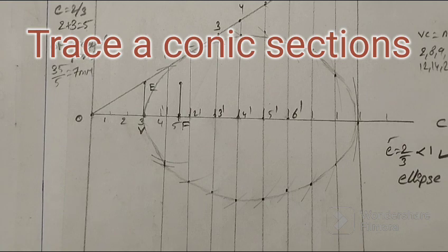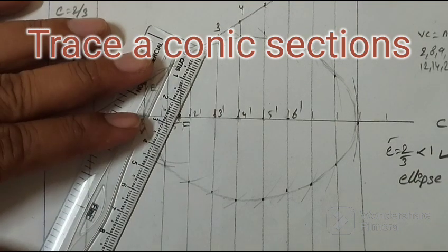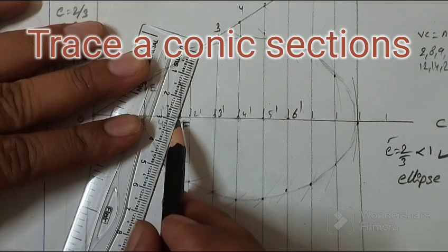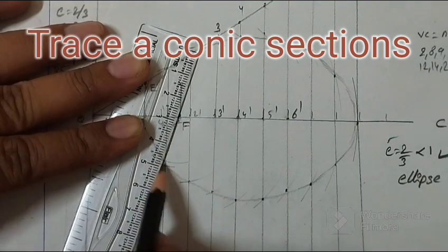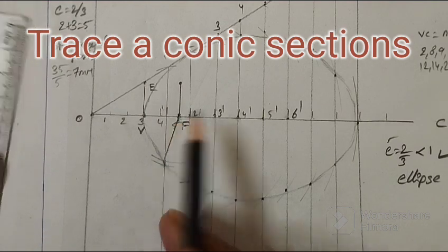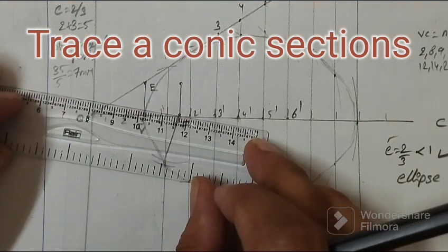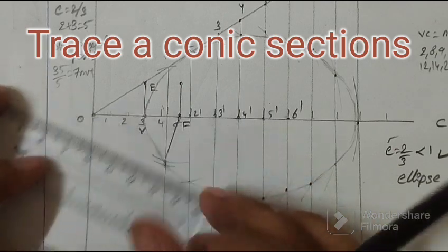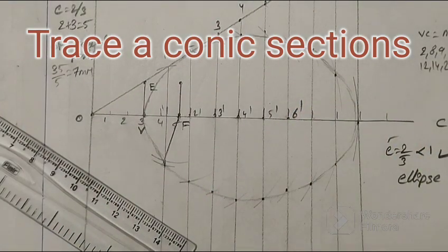Now join these 2 points, F and the point where you have cut. So I have joined. Now from this F, draw a perpendicular line and extend it to the directrix. You can draw this perpendicular line with the help of a protractor.